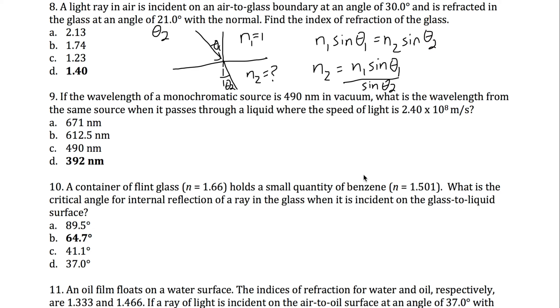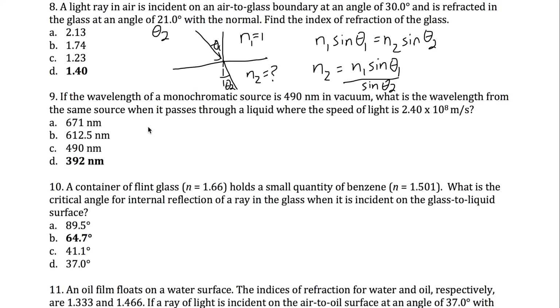Number 9, we're given the wavelength of our monochromatic source. Monochromatic just means it has one frequency, and it's 490 nanometers. What's the wavelength when it passes through a liquid where the speed is 2.4 times 10 to the 8?